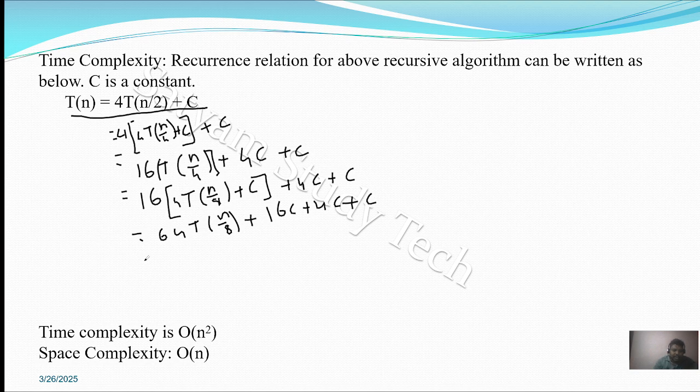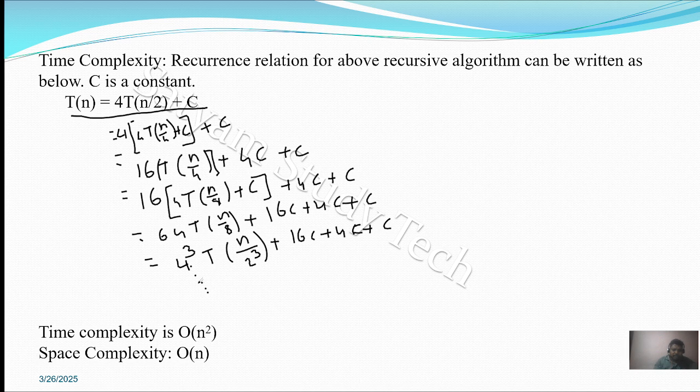So you can write here 4 cube T of n by 2 power 3, 8 can be written as 2 cube, plus 16c plus 4c plus c.